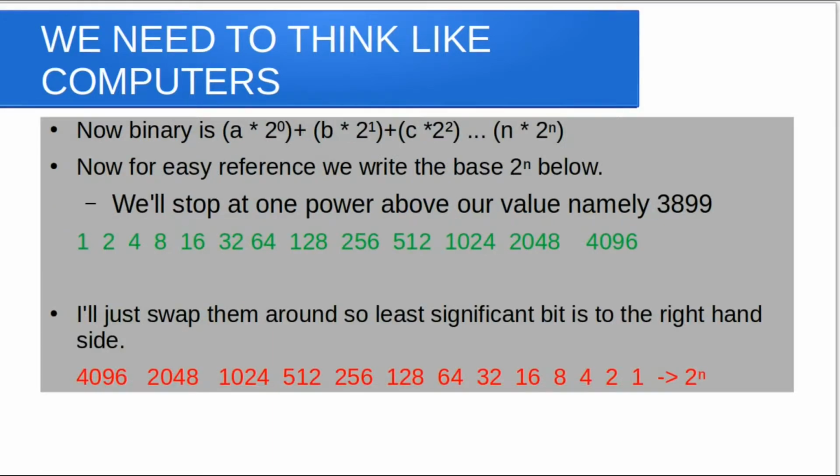Now the binary number can be written as a times 2 to the power of 0, because the binary system is base 2, plus b times 2 to the power of 1, plus c times 2 to the power of 2, and so on until n times 2 to the power of n. Okay, so now for easy reference we write the base 2 to the n below. And what we'll do is we'll stop one power above our value of 3,899.